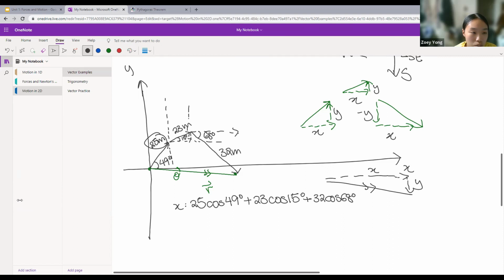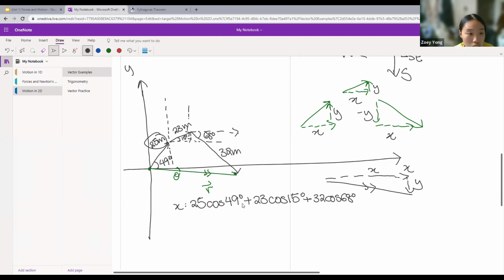Okay, and then plus, actually I'm gonna put parentheses here, just so we're clear that this is all the same thing. And this is like 25 times cosine 49.